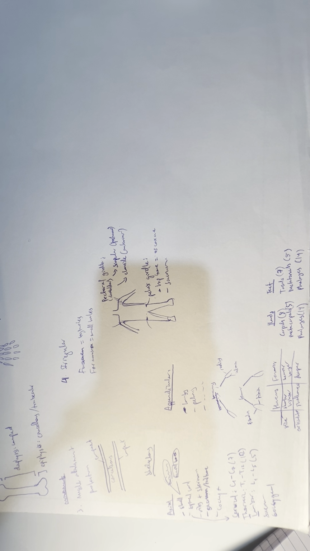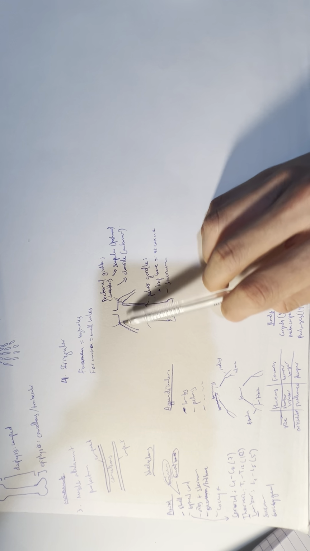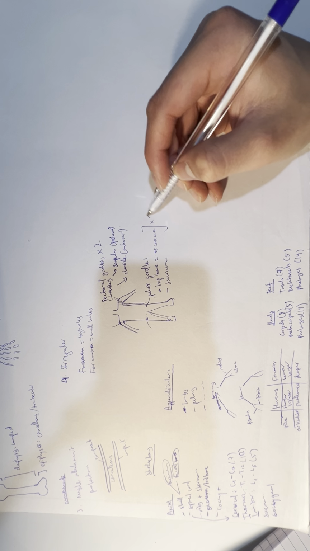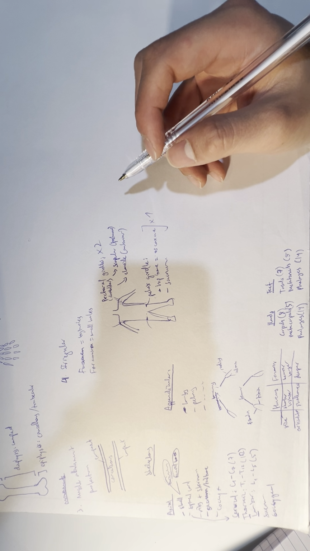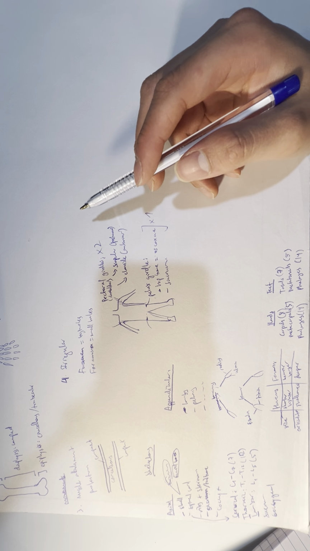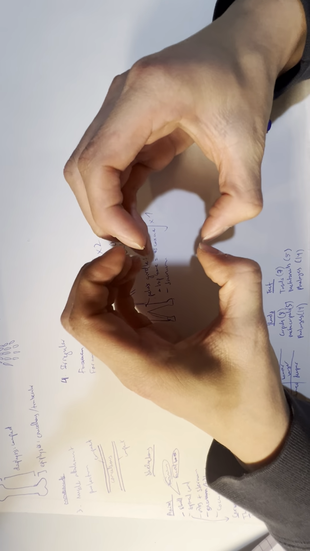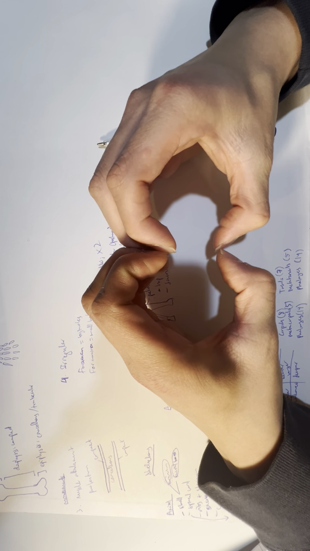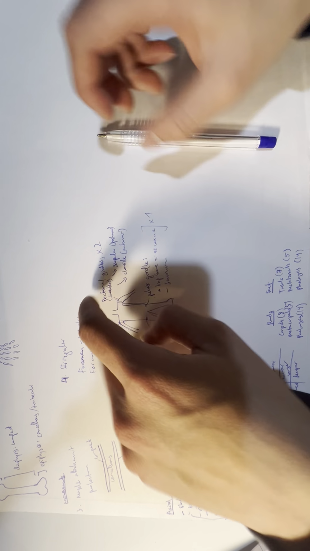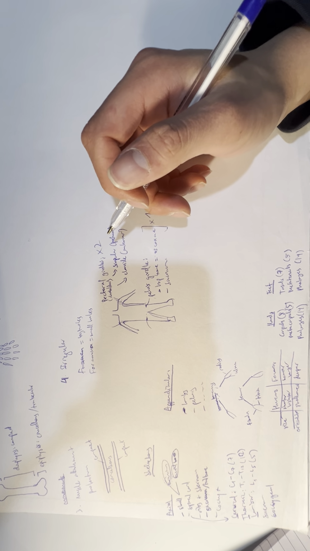So basically there are two pectoral girdles, but for the pelvic girdle, there's only one. There are two hip bones that connect together to form one big pelvis, or the pelvic girdle. So there's two of this guy and there's one of this guy.